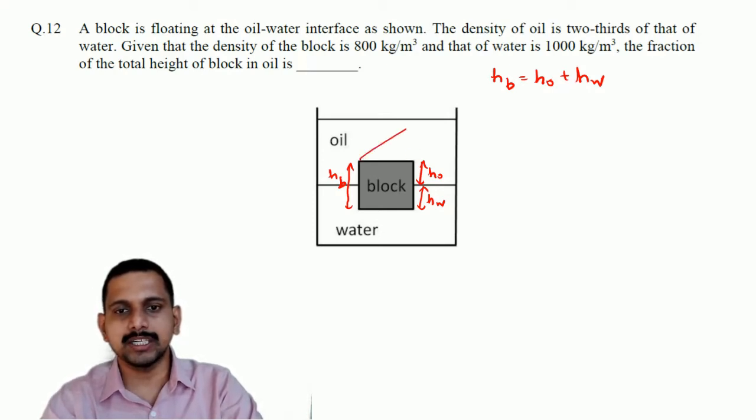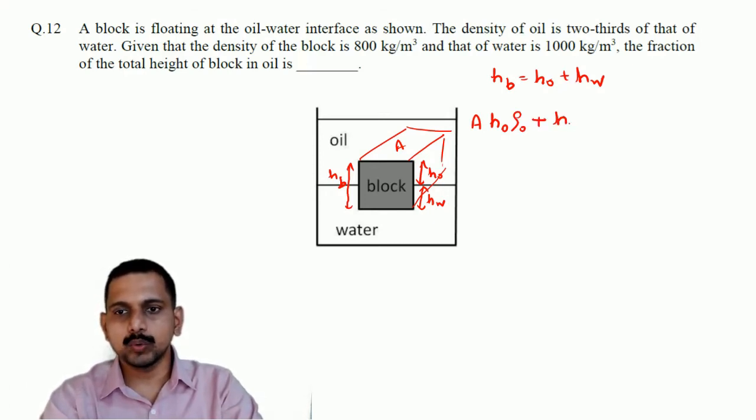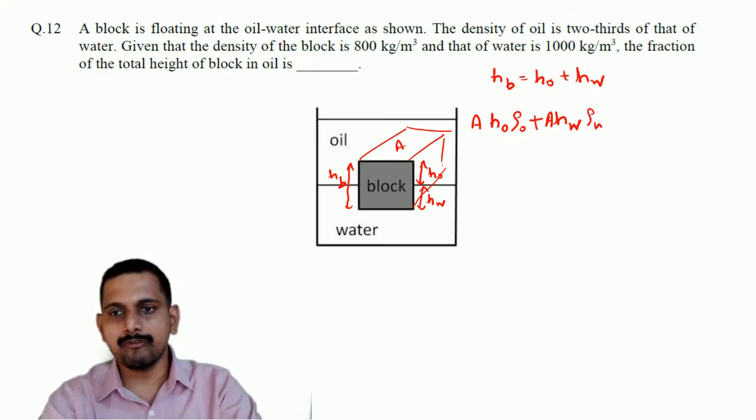If I consider this block in the third dimension having area A, then area into H oil into density of oil, whatever oil is displaced, plus area into HW into rho of water, is equal to the weight of the block, which is area into H block into density of the block.